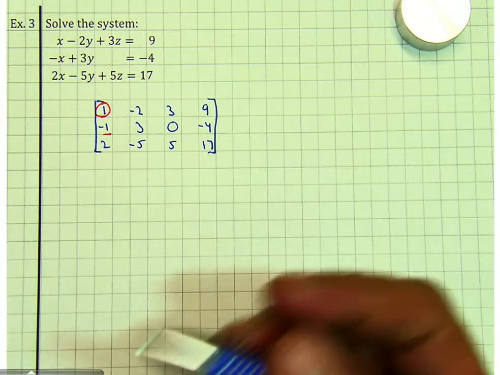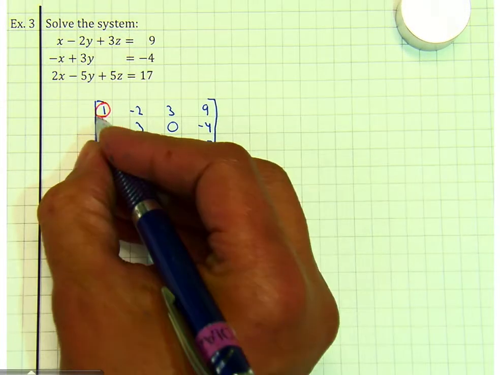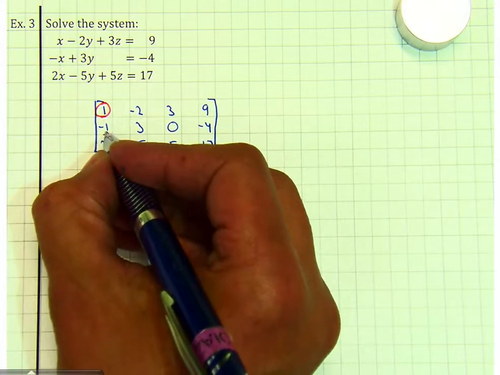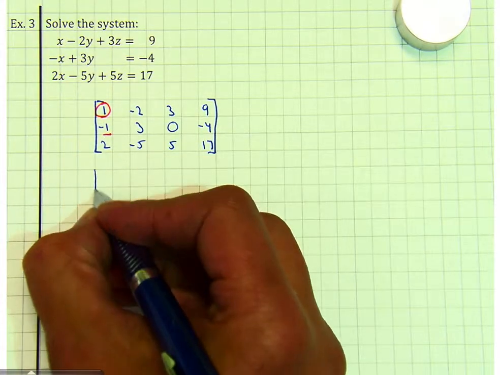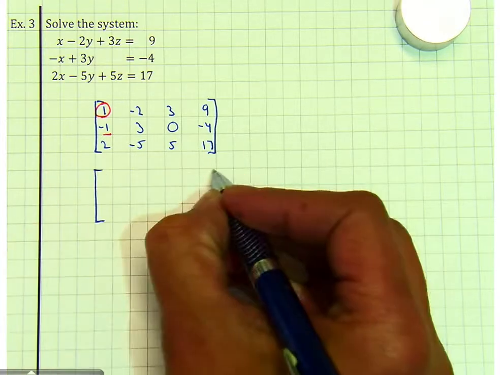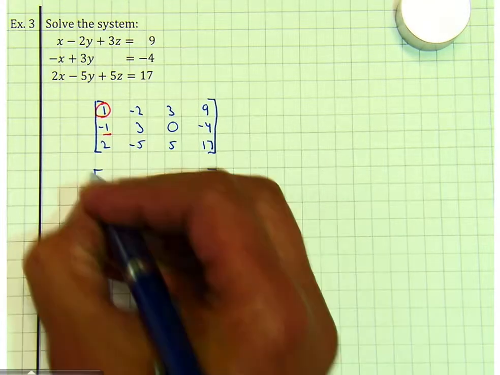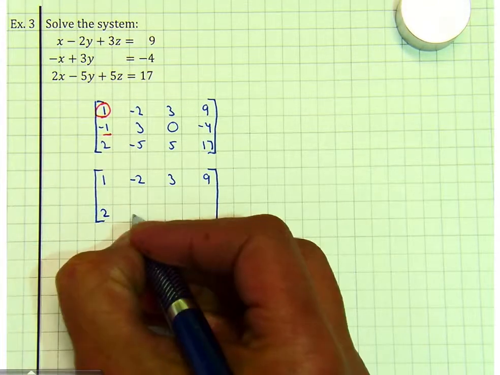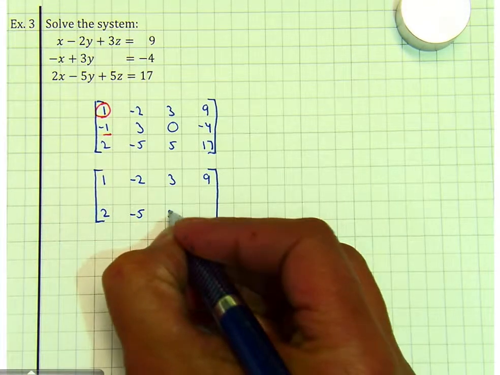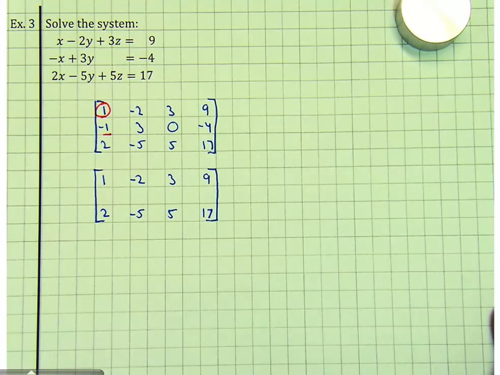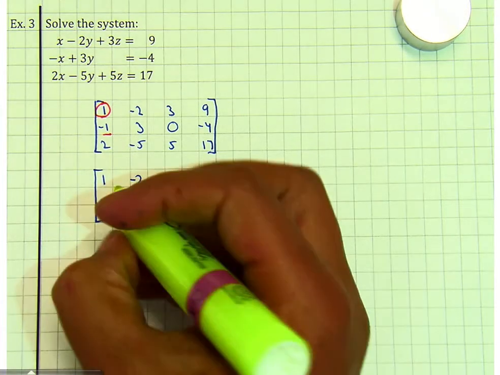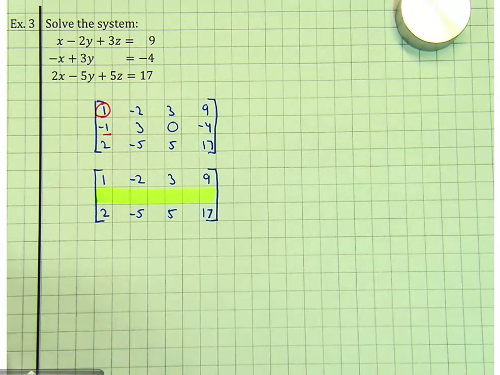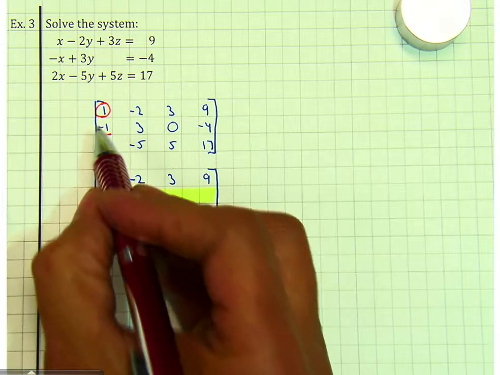So therefore, we're going to use the row operation. So what can I do to make that 0? I can add row 1 to row 2. So which means that row 1 will stay the same. The only thing that we're going to change is row 2. And I want this to be a 0.